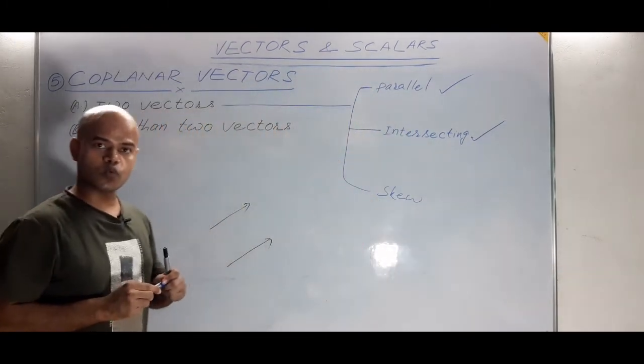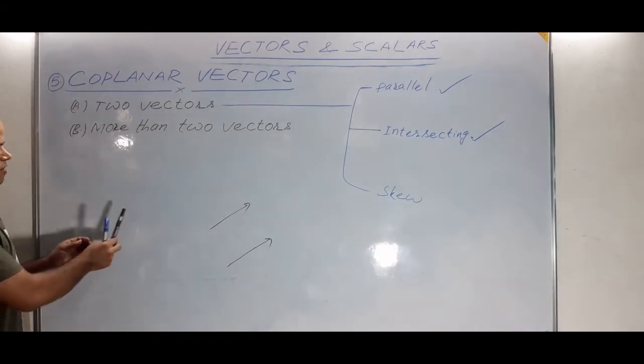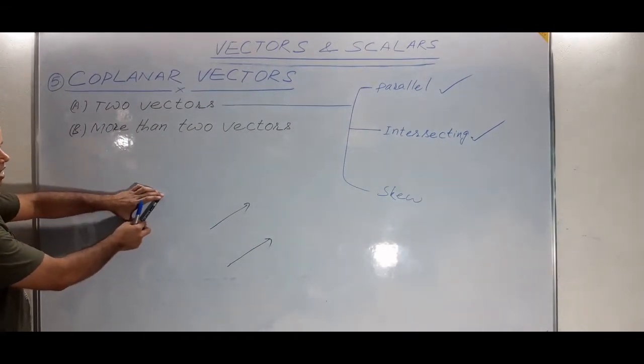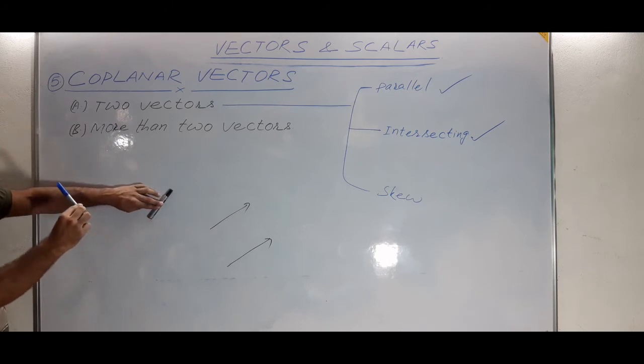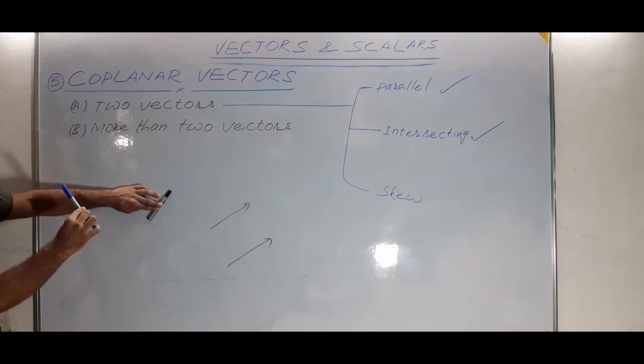What about askew? If one vector is like this, lying in the plane of the board, and another vector is like this, you can see these are not parallel, but they are not intersecting either.